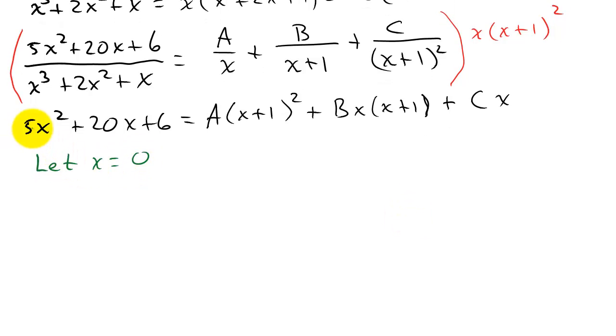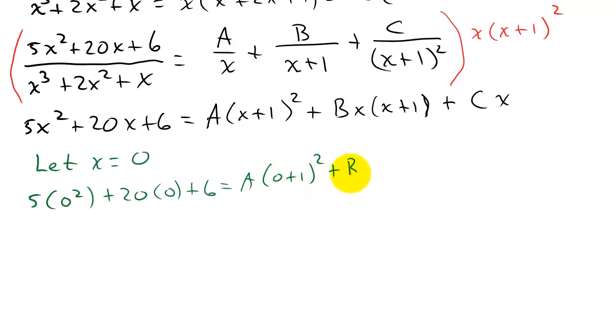Okay, and so now I'm going to plug 0 into this equation here. So I have 5 times 0 squared plus 20 times 0 plus 6 equals A times 0 plus 1 squared plus B times 0 plus 1 plus C times 0.